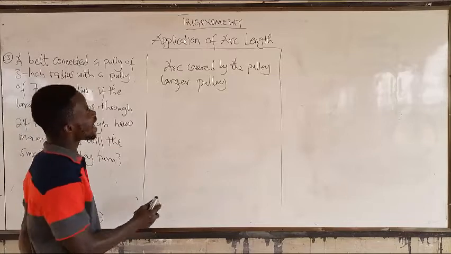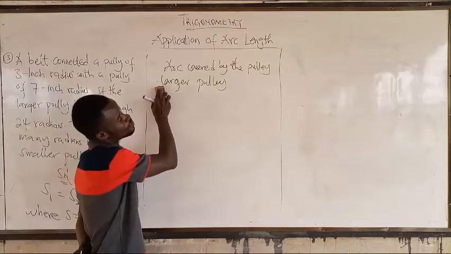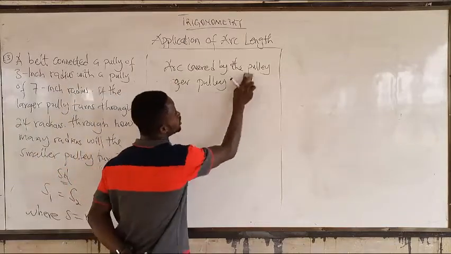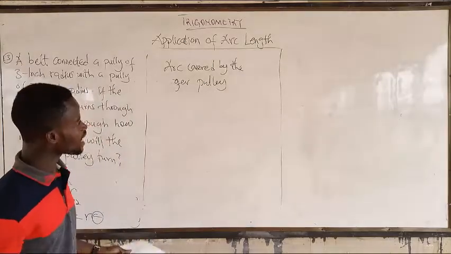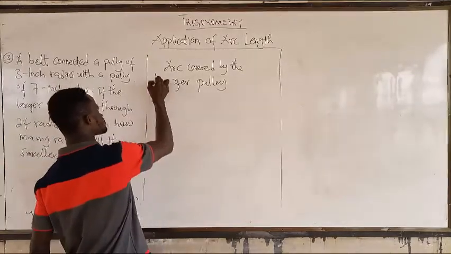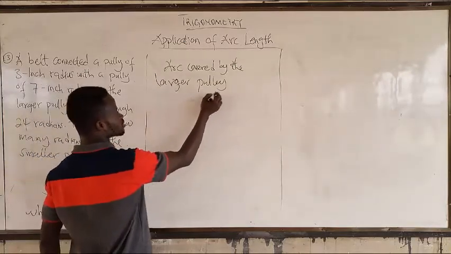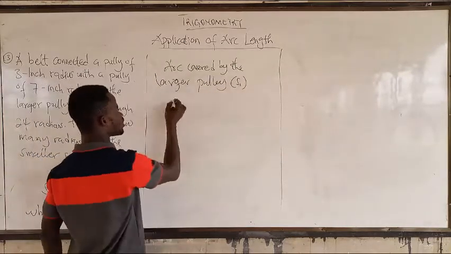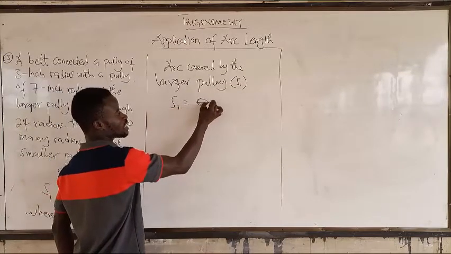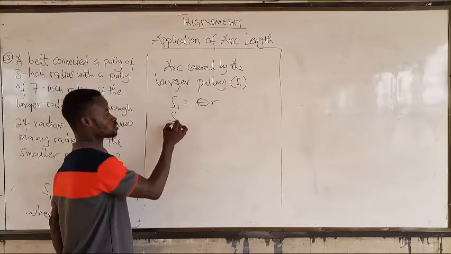The arc covered by the larger pulley is S1. So S1 is going to be theta times the radius.